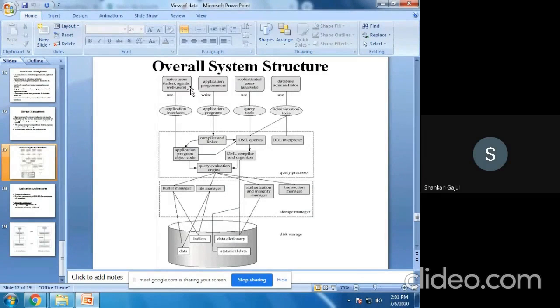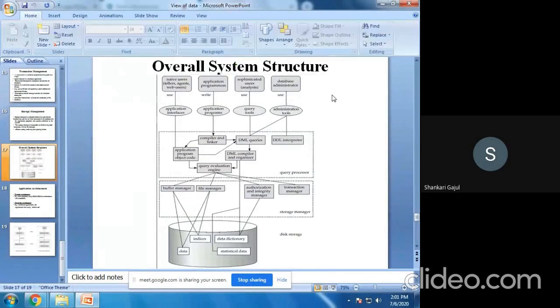Now I am starting from the top of the figure. The DBMS structure or the database structure is divided into 4 parts or 4 modules, starting from the top of the figure.